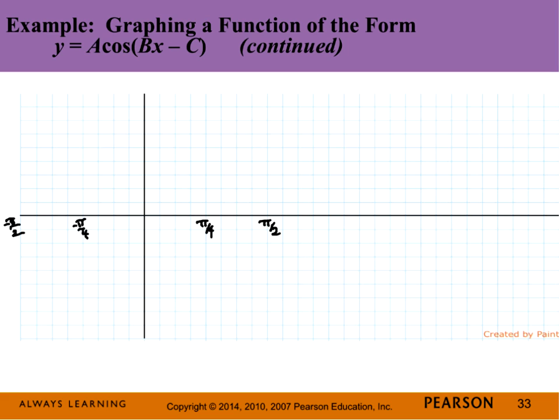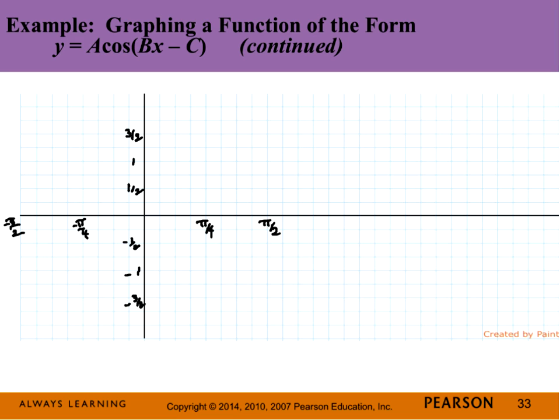And I need to go up 3 halves, which is 1 1/2, and down 3 halves. So this will be 1/2, this will be 1, and this will be 3 halves. This is negative 1/2, negative 1, and negative 3 halves.